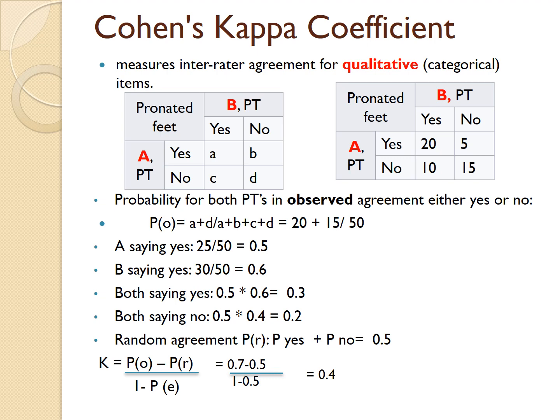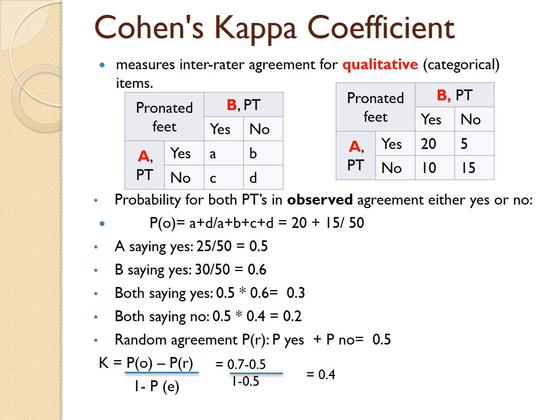So we'll take an example here. Let's say, suppose there are two PTs, PT A and PT B. And let's say you're analyzing the data on a group of 50 people, whether they have pronated feet or not.